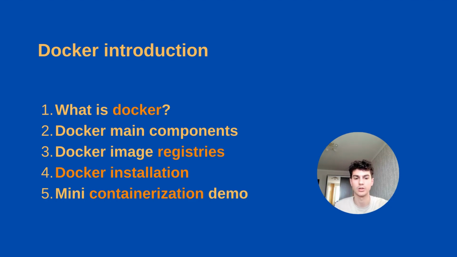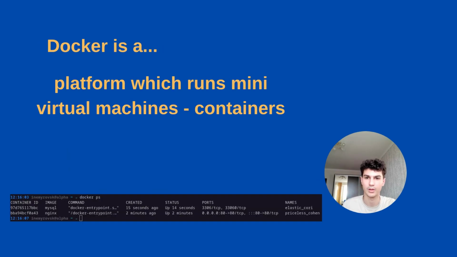So let's start talking about Docker. Docker is just a system which combines different things in itself to run containers. So basically, it's just mini virtual machines with a reduced operating system.